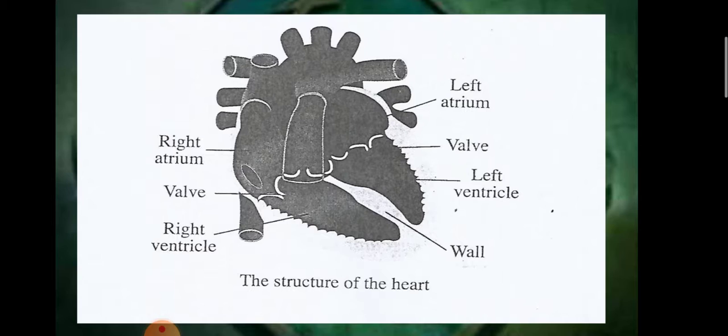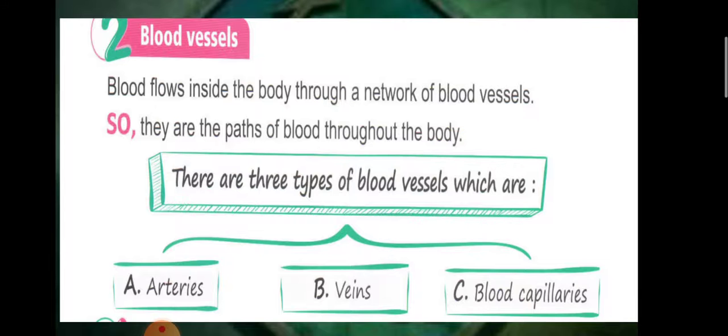After the heart, we have the blood vessels. We said in the blood vessels, we have 3 types. First, what do the blood vessels mean? They mean small tubes or a pipeline where the blood will move through. We have 3 types of these blood vessels, which are the arteries, the veins, and the blood capillaries.